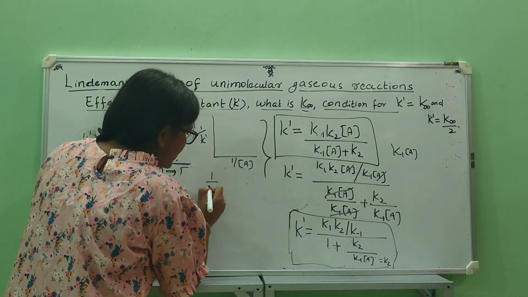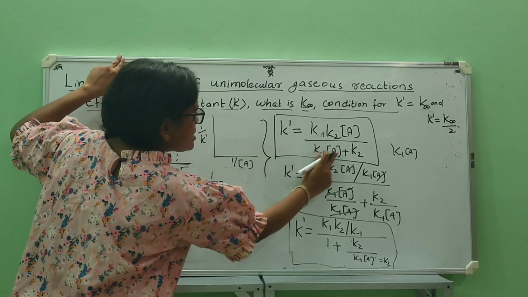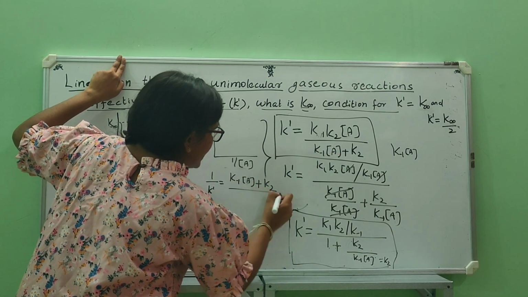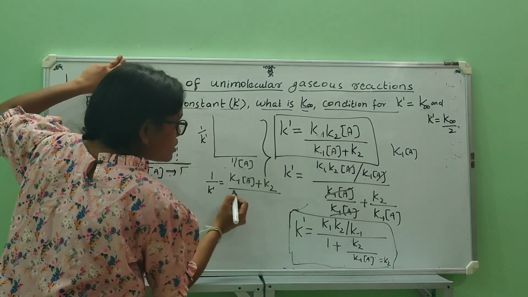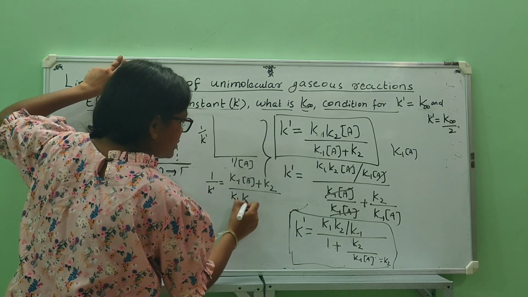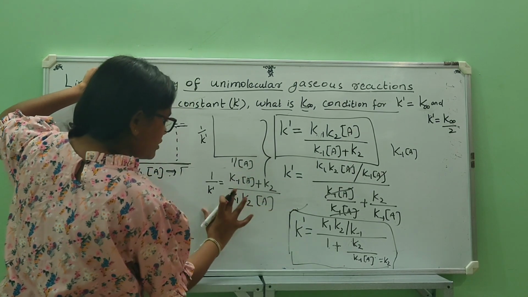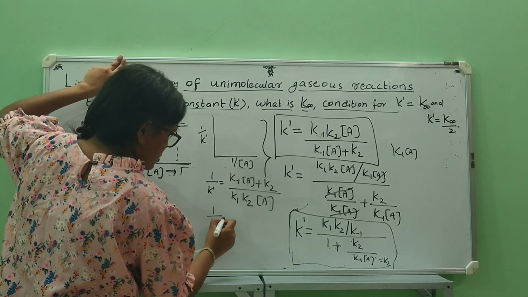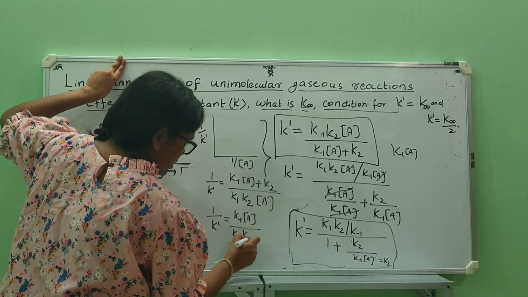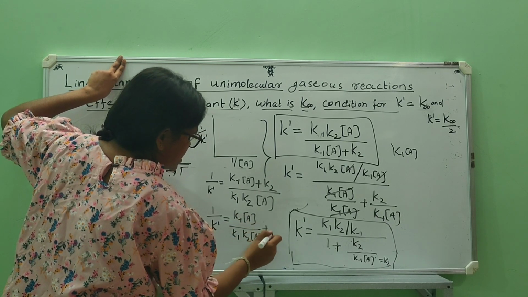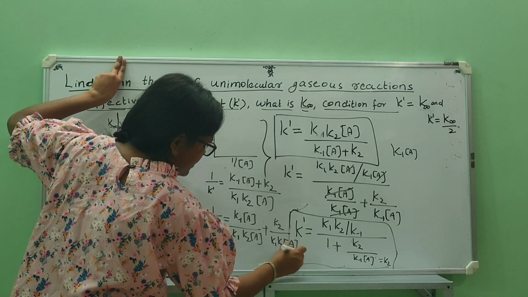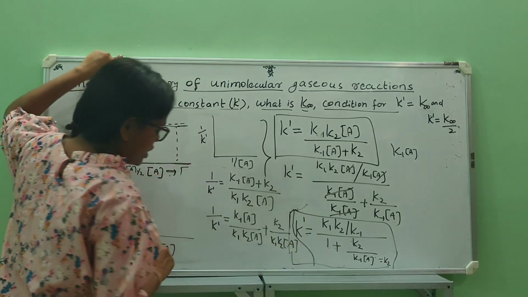It is easy. So 1 by k dash is equal to k minus 1 into a plus k2 by k1 k2 into a. I am just inverting this equation, okay. So the denominator becomes numerator and the numerator becomes denominator. Now I will split the terms and I will get k minus 1 into a by k1 k2 into a plus k2 by k1 k2 into a, right? Okay.